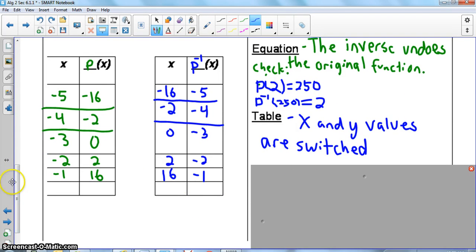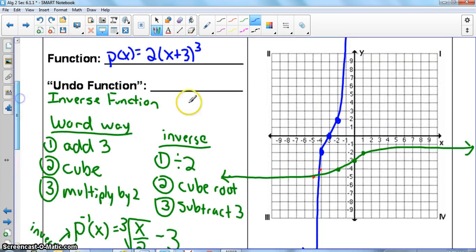And finally, if you look at the graph, there is a line of symmetry on that graph. It is not a vertical or horizontal line, it is the diagonal line right here. And notice the slope is up 1 over 1 and the y-intercept is 0.